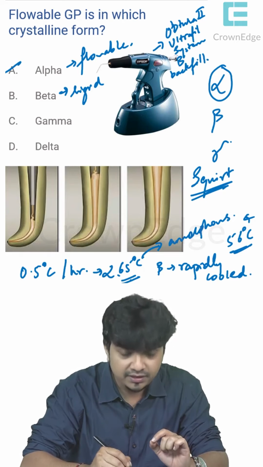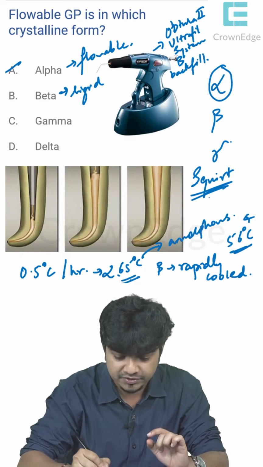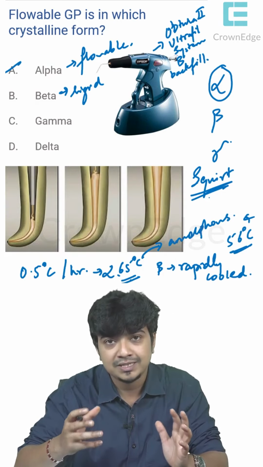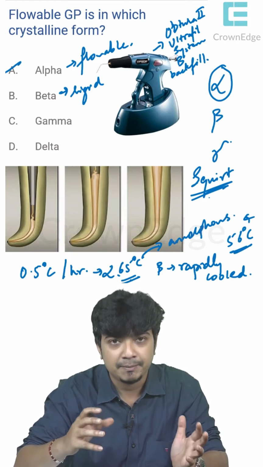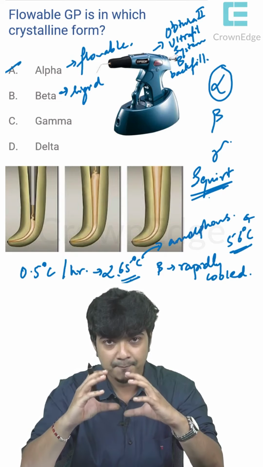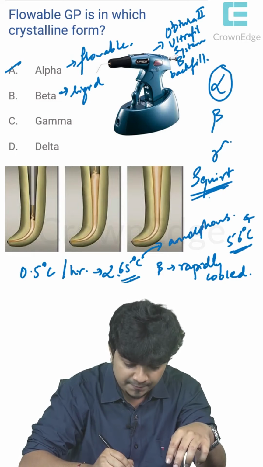So either you do it using the squirting technique, which involves the entire filling with flowable gutta percha, or you can use it with a warm vertical compaction technique, in which we make the first down pack, which is the apical 3 to 4 mm of the canal.